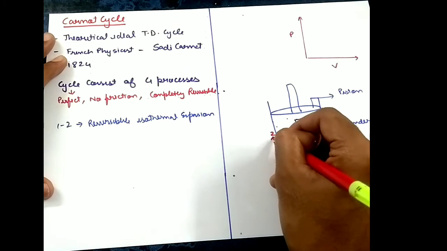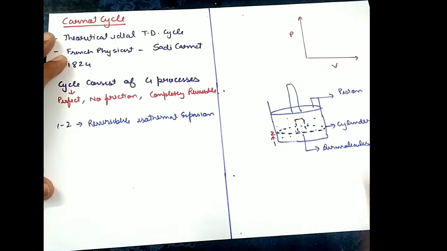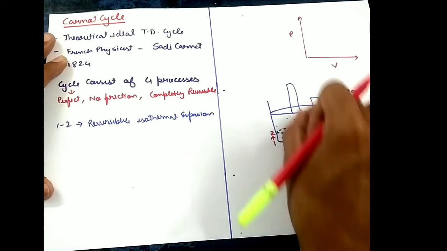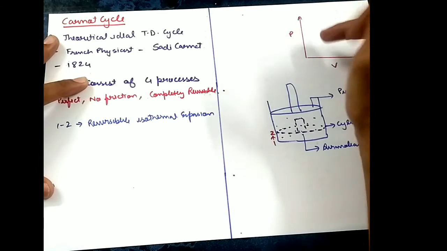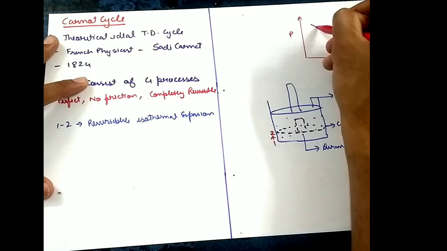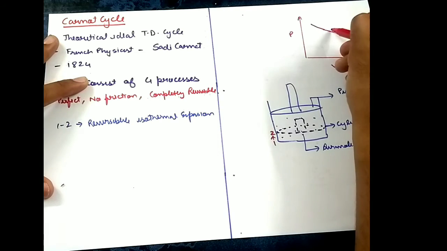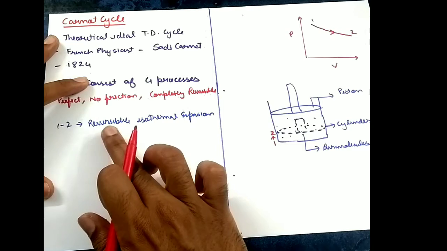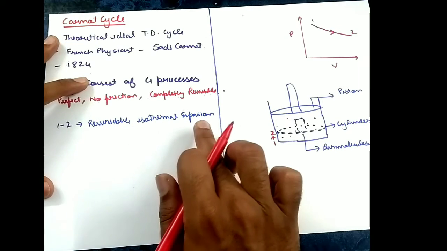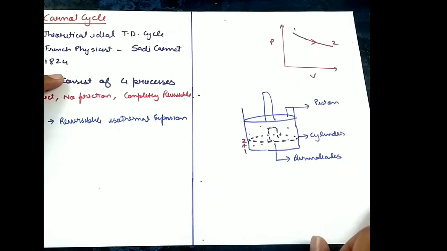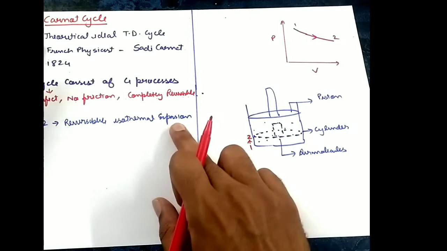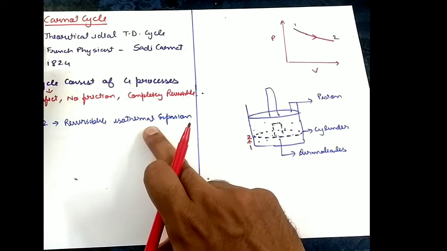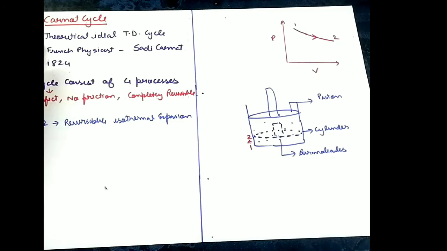We see an increase in volume and a decrease in pressure. So 1 to 2 is a reversible isothermal expansion process. Expansion means there is an increase in volume, and isothermal means the temperature is constant.